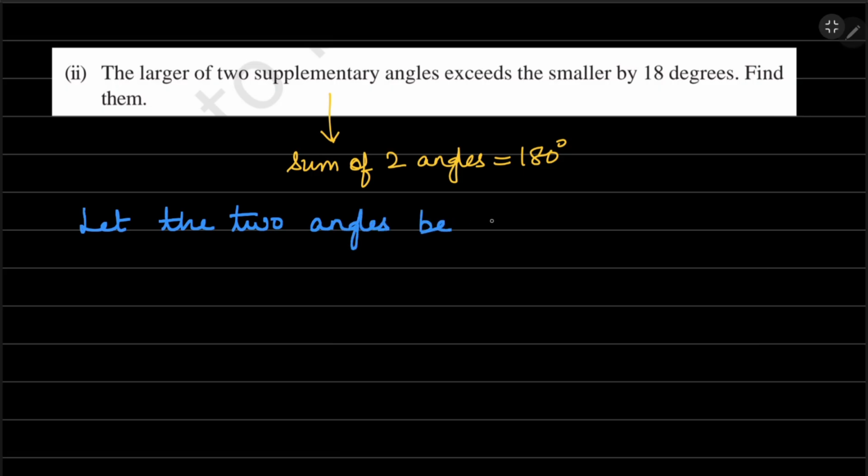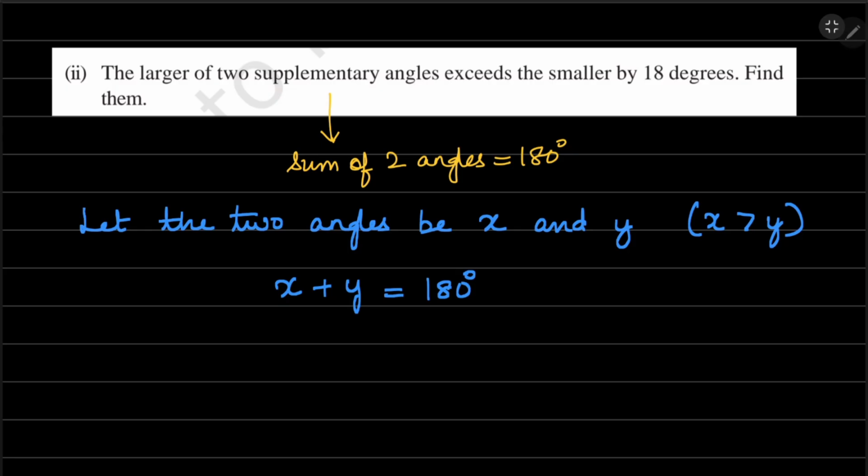So let's write, let the two angles be x and y respectively, and the larger one can be x. You can again write the same way as we did in the previous question. Let x be greater than y. We know that the sum of the supplementary angles, that is x plus y, will always be equal to 180 degrees. That's why they have given supplementary.